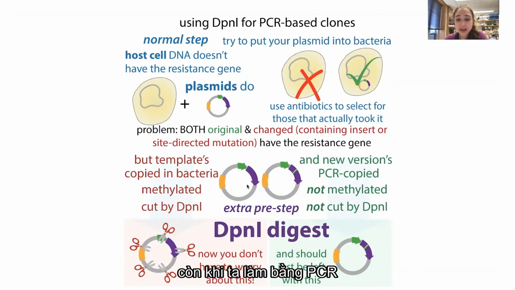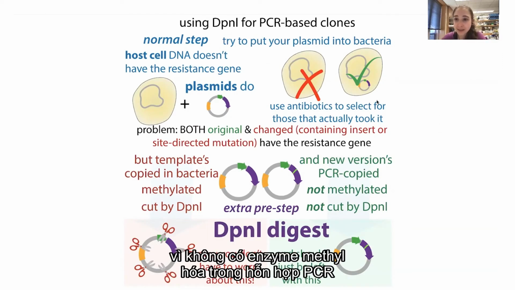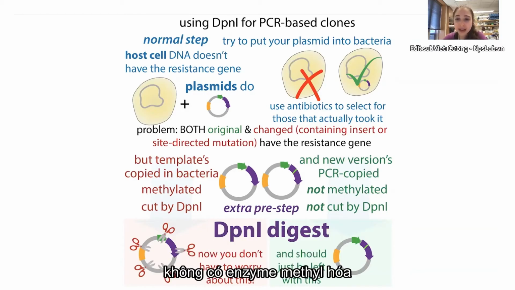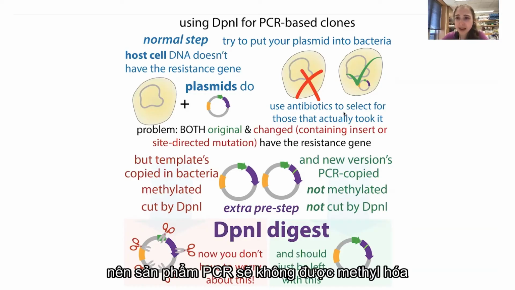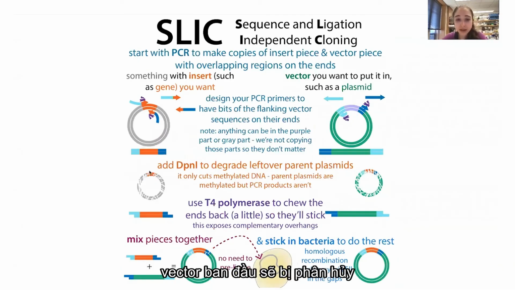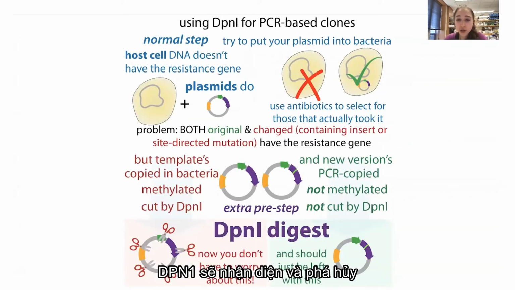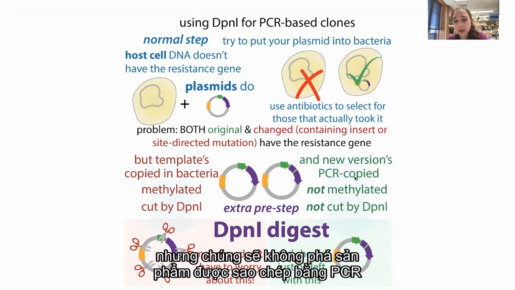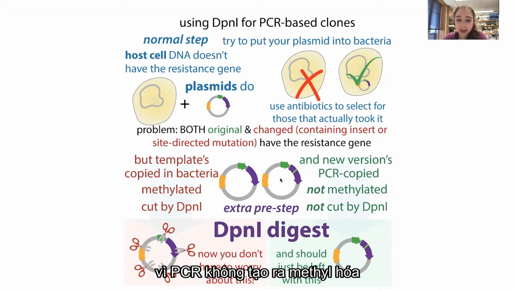And then when we're doing it a PCR way, it's not going to methylate. You don't have any methylating enzymes in the PCR mix. That's not going to get methylated. So your parent vector is going to get chewed up, because DpnI is going to recognize and chew up the plasmid that has the methylation, but it's not going to chew up the stuff that is PCR copied, because that's not going to be methylated.